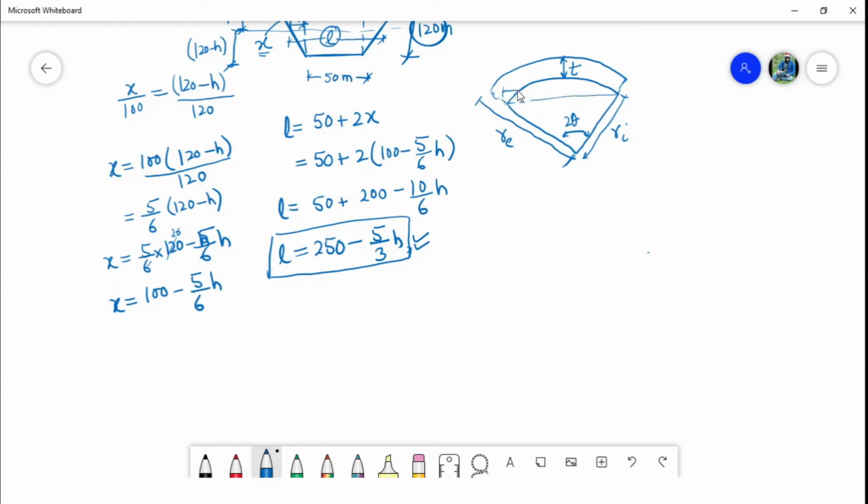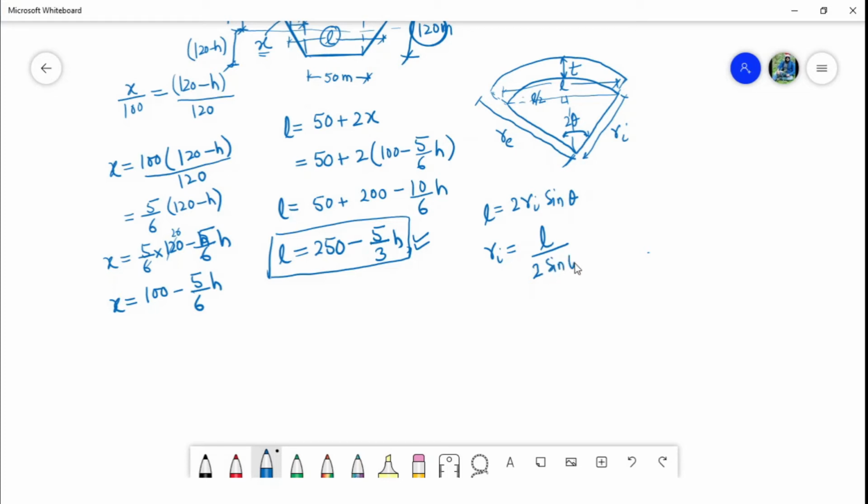If this is the span L, then this is the perpendicular bisector, so this will be L by 2. So L will be equal to twice Ri sine theta. Ri will be equal to L over 2 sine theta.